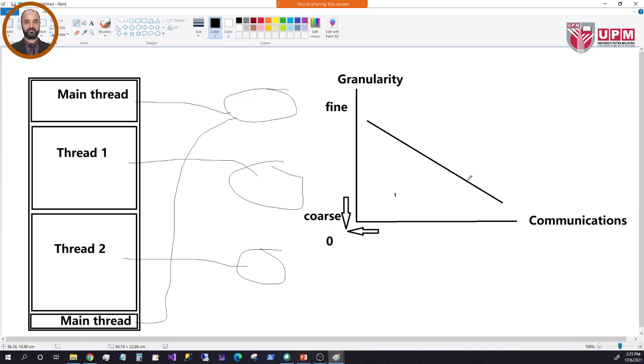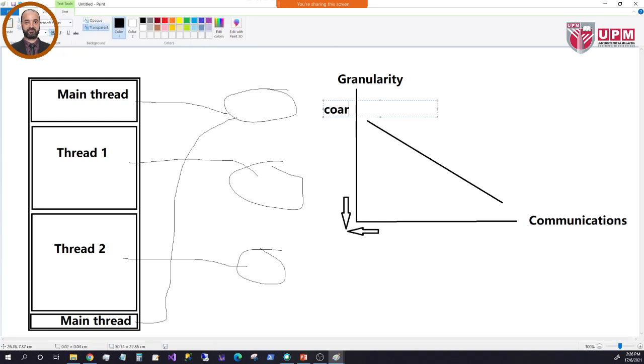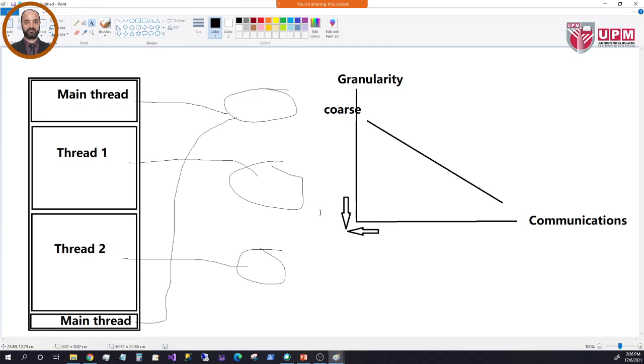I flipped the graph actually. This one is coarse here, and this one is fine here. So as you can see, on this line, when the communication increases, the granularity becomes very fine, right?